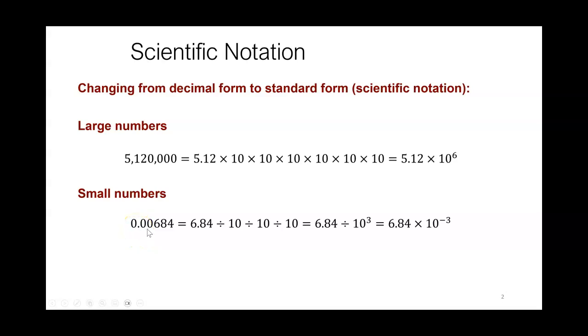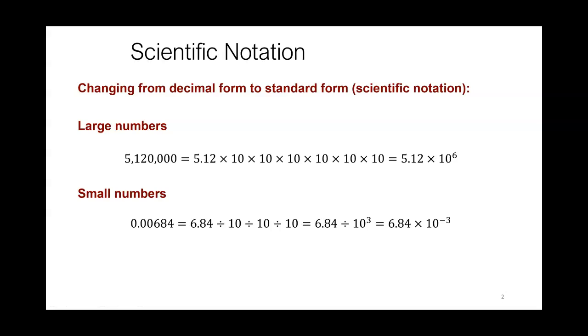So I'd move it 1, 2, 3 places to there. So 6.84, and because I'm moving it, it's going to be like dividing by 10 3 times, which is the same thing as a negative exponent. So if we're moving the decimal point left, you get a positive exponent. If you're moving the decimal point right, you get a negative exponent.